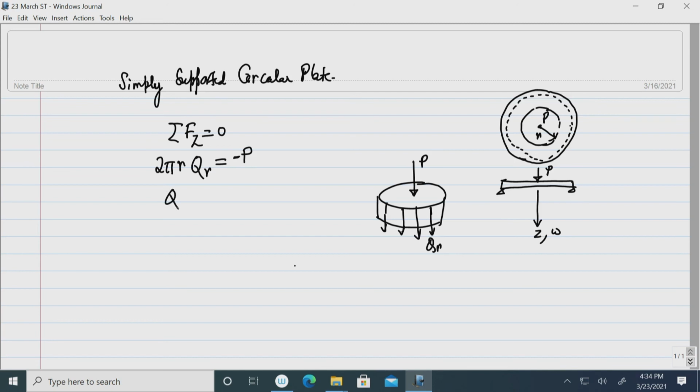So, q_r is now equal to P by 2 pi r with a minus sign.